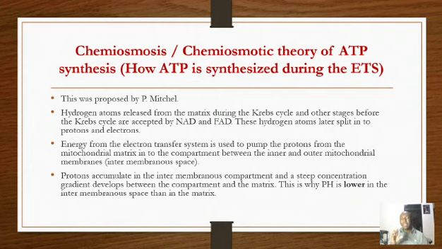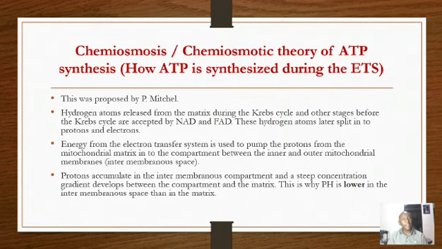So at this point, the protons have been actively pumped into the intermembranous space, where they accumulate. They become too many because they are all pumped from the matrix. In other words, their concentration in the intermembranous space becomes too high.